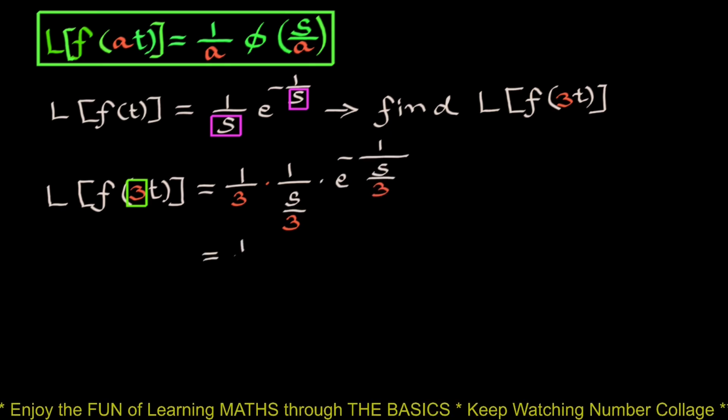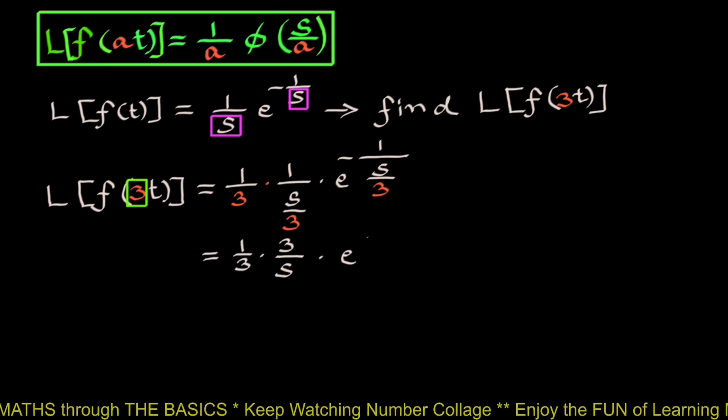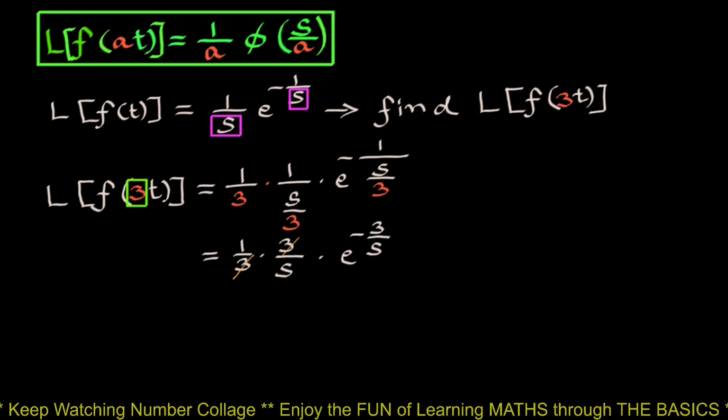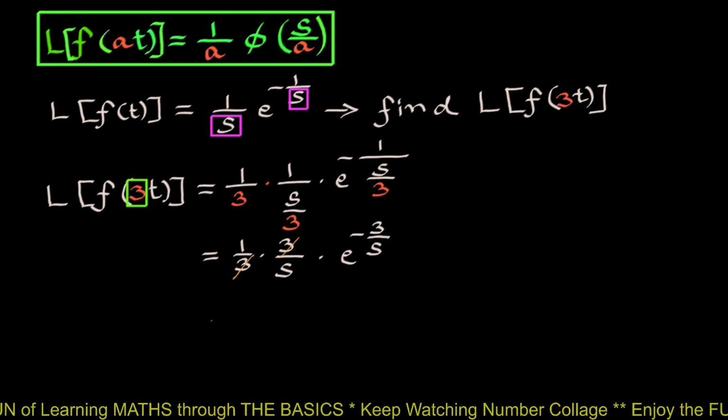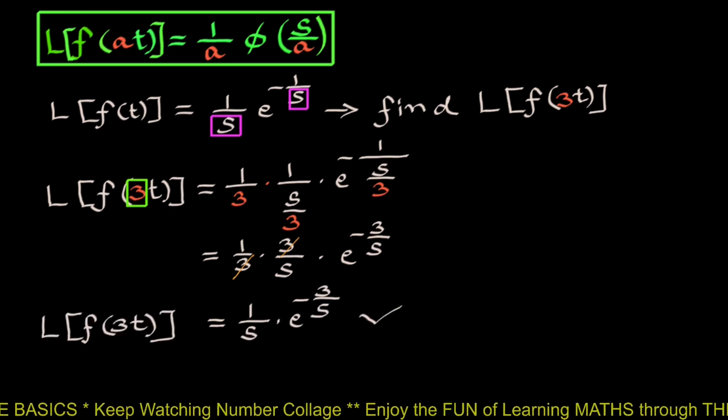This is 1 upon 3 into 3 upon s into e raised to minus 3 upon s. Cancelling this 3, this will be 1 upon s e raised to minus 3 upon s.